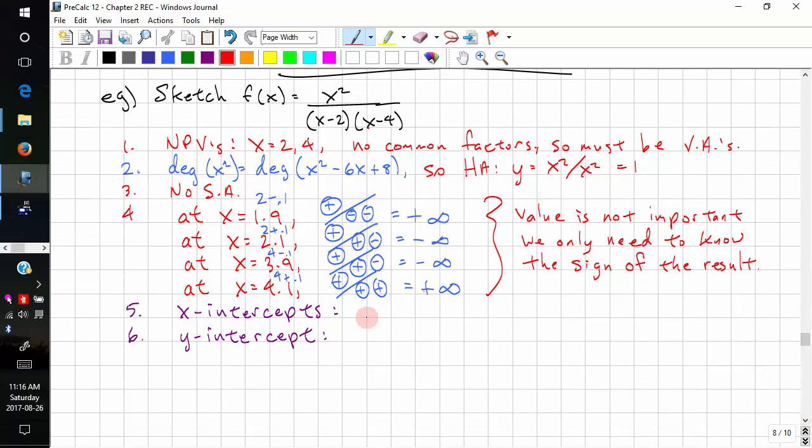X-intercept. So we have the numerator equal to 0. This means x equals 0. Y-intercept, we substitute 0, 0 over 0 minus 2, 0 minus 4, and that's 0. So our x and y-intercepts are the same thing.